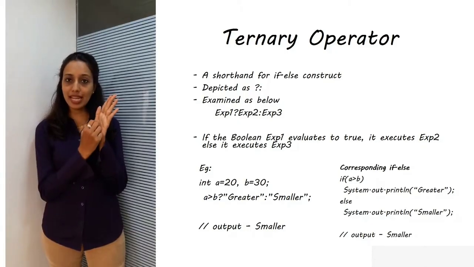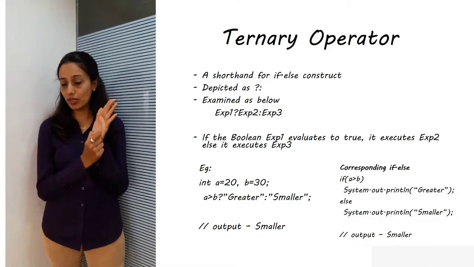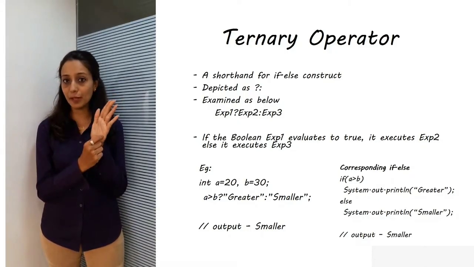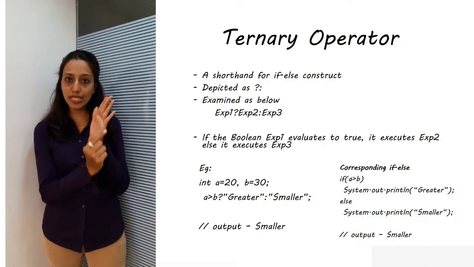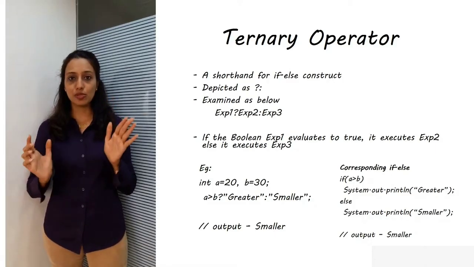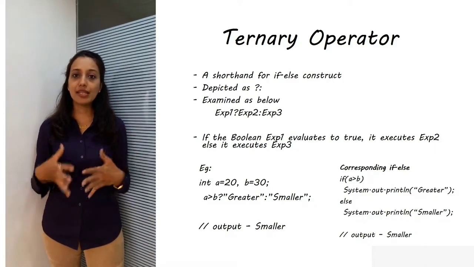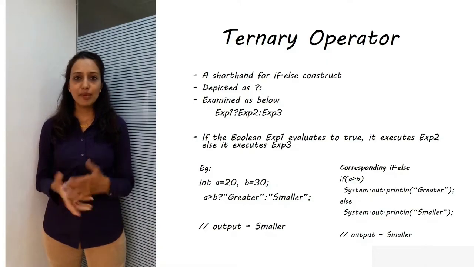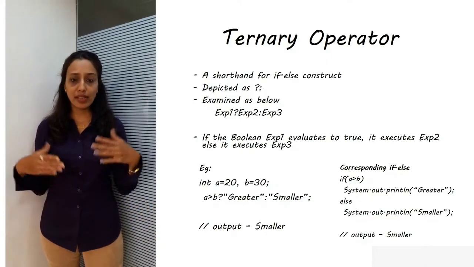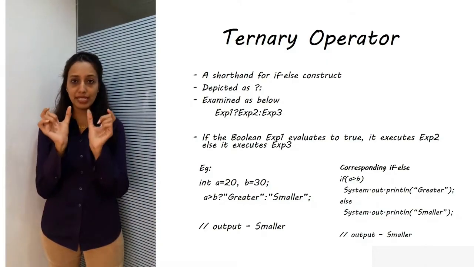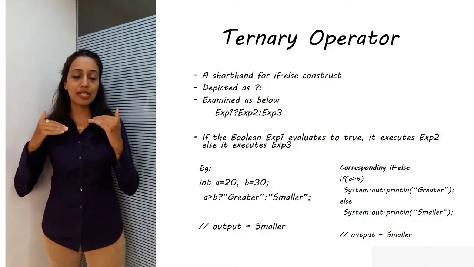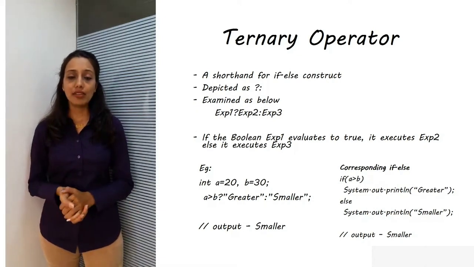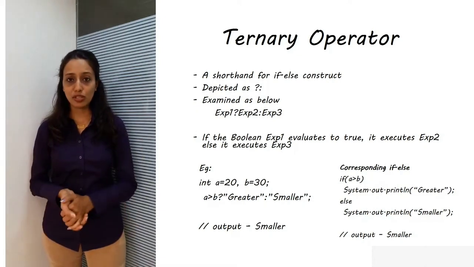In our case, A greater than B turns out to be false because 20 is not greater than 30. So it will jump to expression 3 and print smaller, or you can say the number is smaller, something like that. You can print whatever you like, or you can do any other operation. Instead of printing those two words, you can do any other calculation based on your requirement.